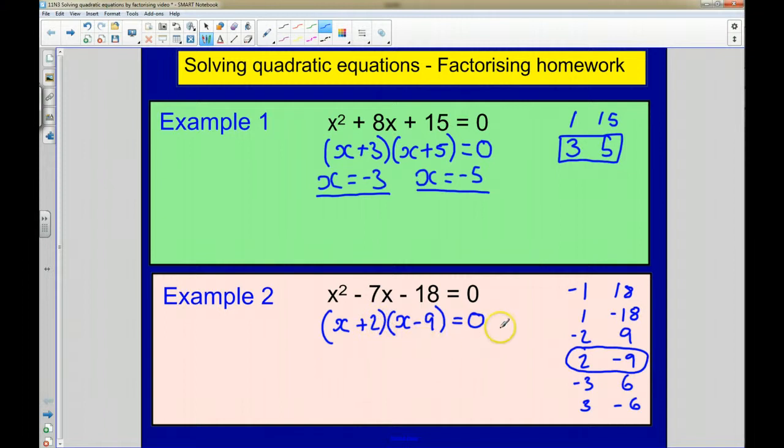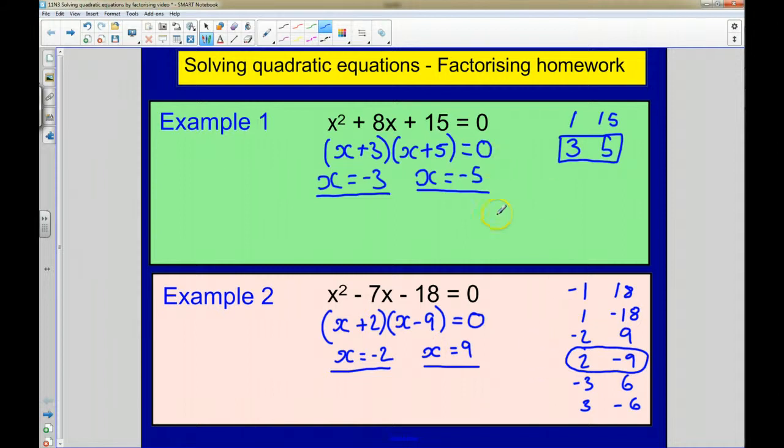We've got something times something equals 0, so this bit here, in order for this to be 0, x would have to be equal to negative 2, and in order for this bit here to be 0, x would have to be equal to 9. So our two solutions are going to be x is equal to negative 2 and x is equal to 9.